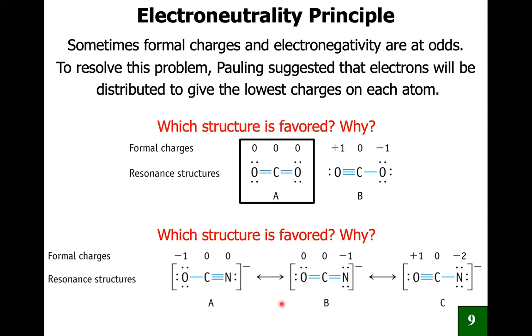So this structure is the best, this would be the middle structure, and this is the worst structure. Okay, A is the best, B a little bit worse than A, and then C much worse than A.